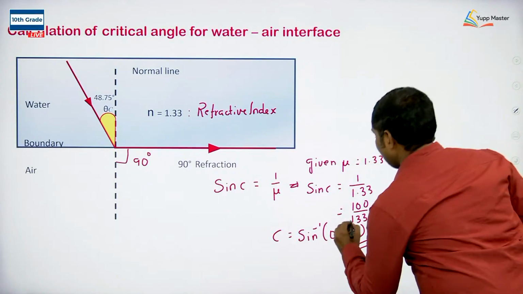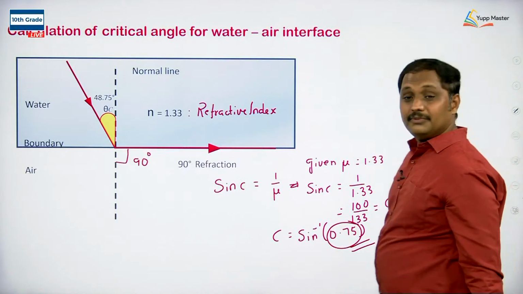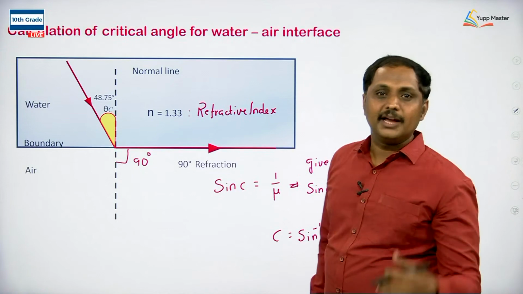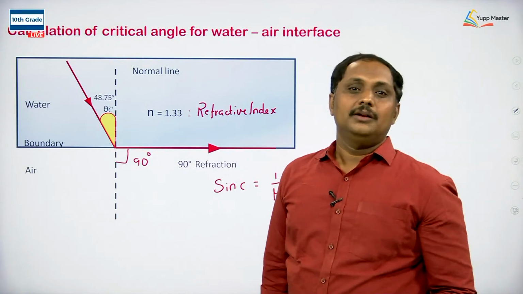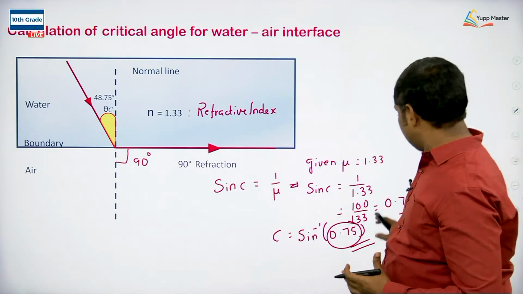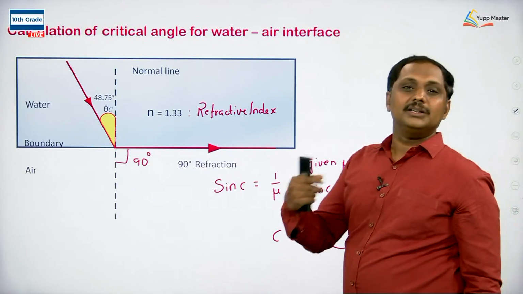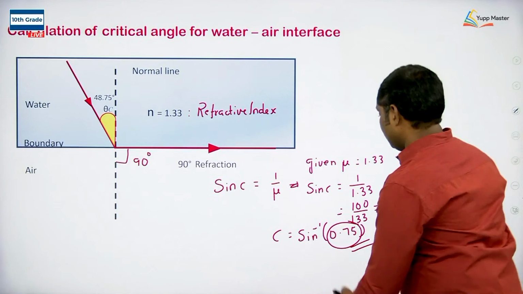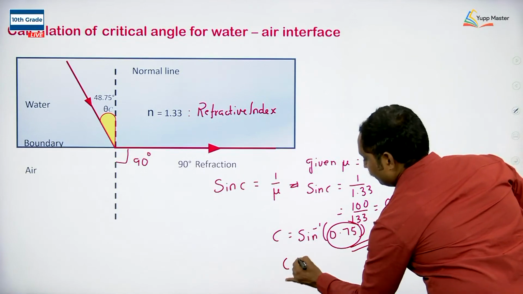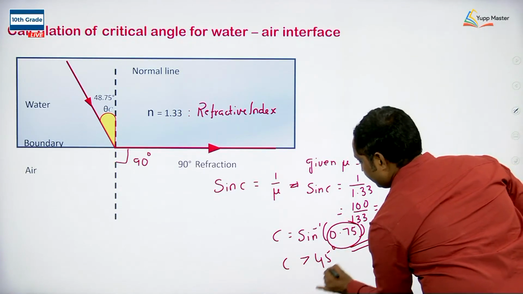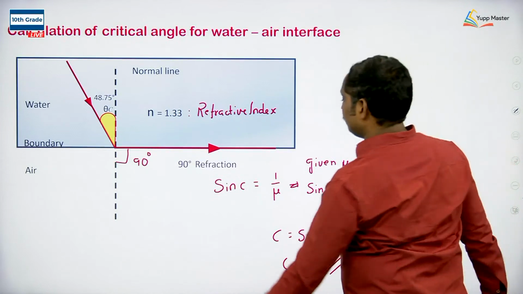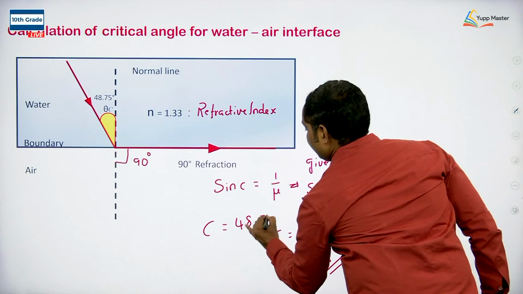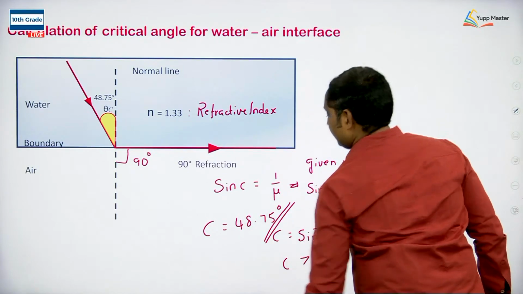Sometimes you are not allowed to use a calculator, then it is easy to have an expected value. The C value is greater than 45 degrees, that is very clear, but the exact value is C equal to 48.75 degrees.